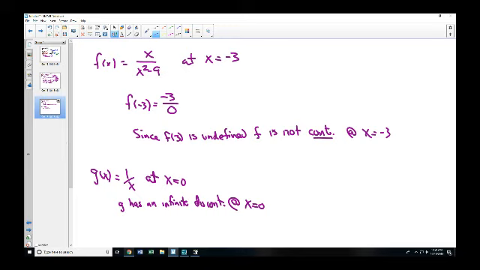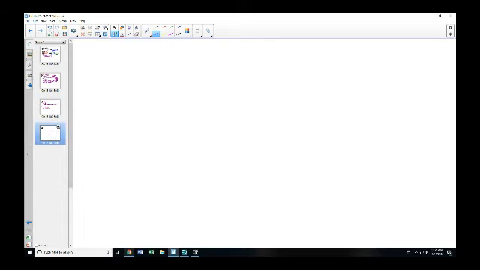Jump discontinuities are most commonly encountered with piecewise functions. Do you want a piecewise function on there real quick? Here's a piecewise function that is not continuous.